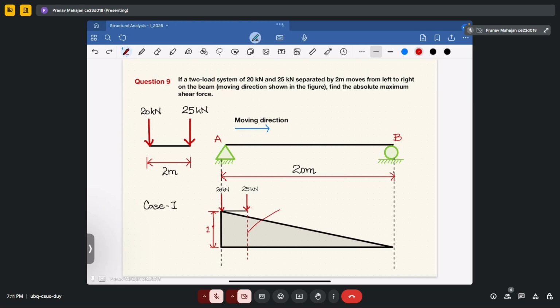So I will write this x to be equal to, so x, if I solve, that means 1 upon 20 will be equal to x upon 18. This will give you x to be 18 upon 20, that means 0.9. Okay, so this value is 0.9. So this is your ILD for reaction A.